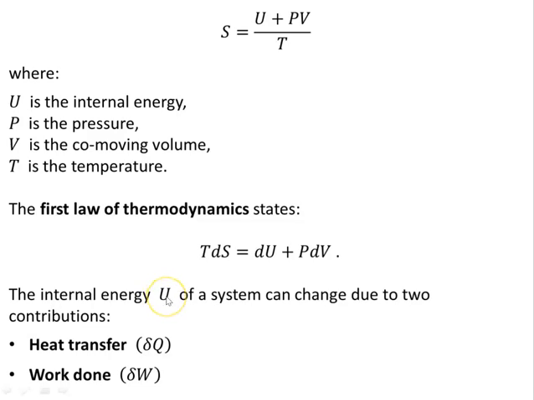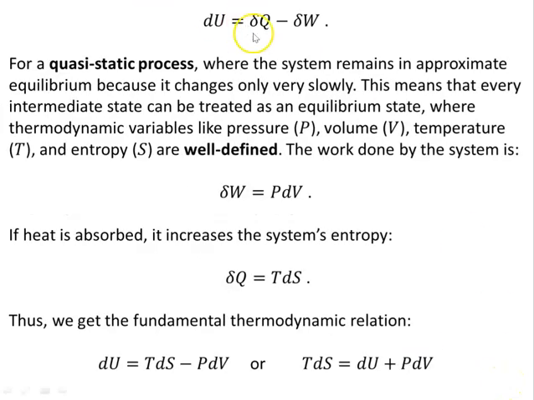We're interested in how the entropy is changing according to the internal energy and the co-moving volume, because they're the two main things that will affect our entropy. So heat transfer, delta Q, and work done, delta W. So dU is delta Q minus delta W.